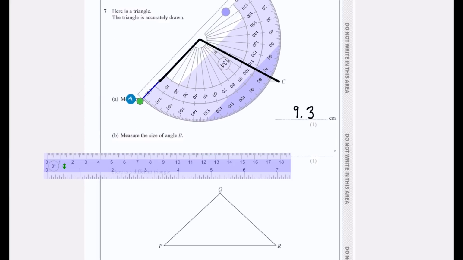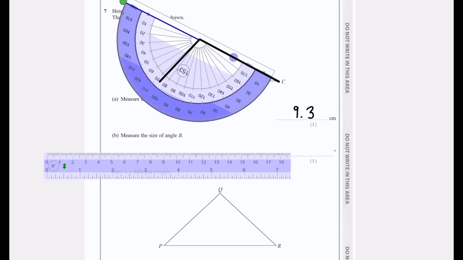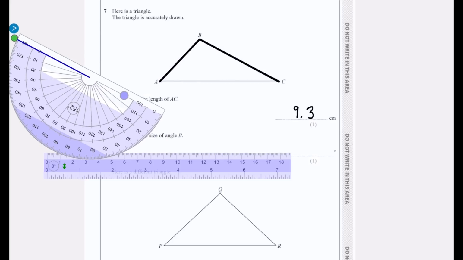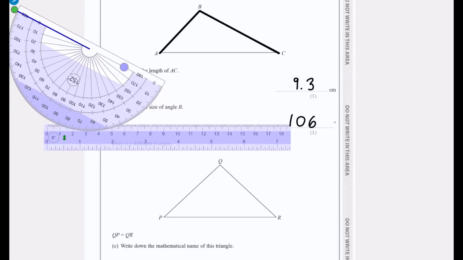So we're lining up 0 with B. I'll do it this way around. I'll line it up on this side. And we measure round, so it looks like we have 105. Maybe 106. But either one. So there's a range of answers that are acceptable. 106 is actually what it says in the mark scheme, but it's anything from 104 to 108, which is acceptable as the answer.